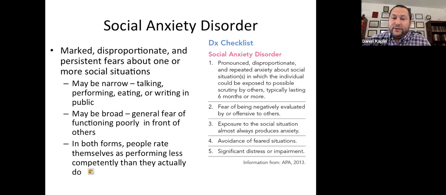With all phobias, you'll see, you need 6 months or more. Exposure to a social situation will induce this anxiety or panic state. And as a result, people will avoid engaging in whatever social activity elicits this anxiety.